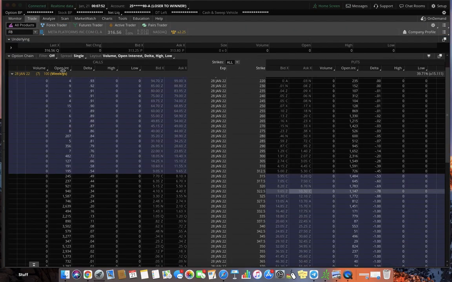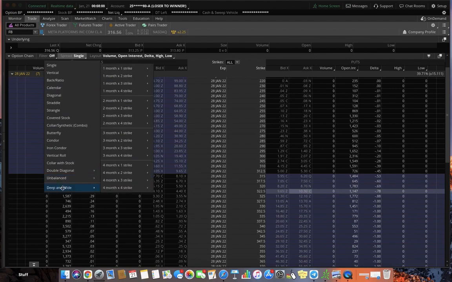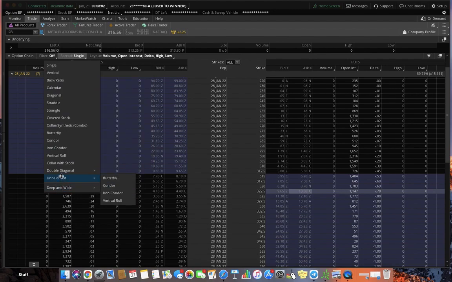When you go to your trade tab and go under the spread, you can see we're on a single for calls and puts, but this whole area down here with this drop down has different types of trading strategies, and basically they're just calls and puts that are put together in order to create a strategy that you can adjust along the way. So that's what I wanted to talk to you about today.